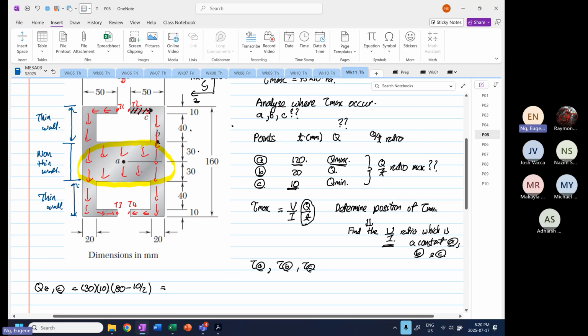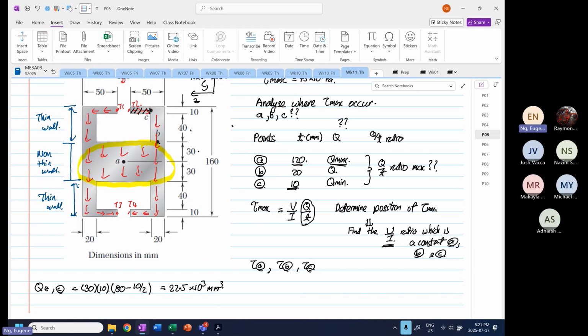You only consider T2 for point C. You don't consider T1 at all because it's a white flag. So 80 minus 10 divided by 2, times 10, times 30, is equal to 22.5 times 10 to the power 3 millimeter cube.